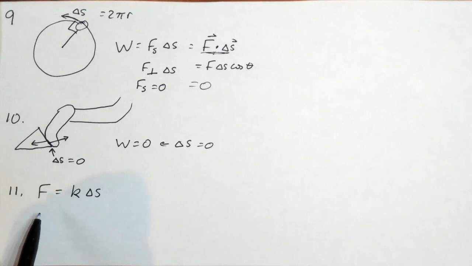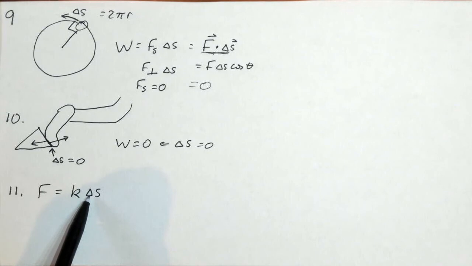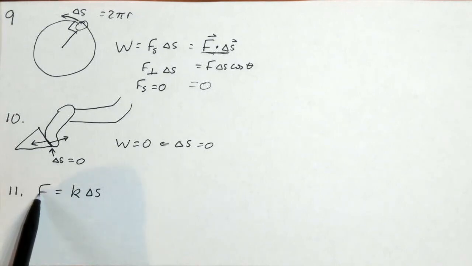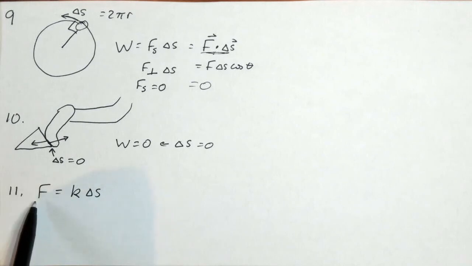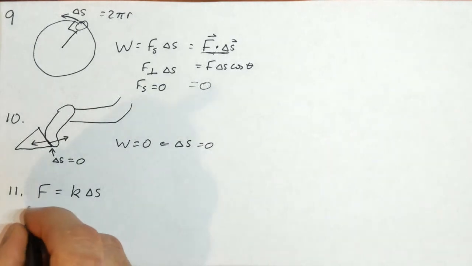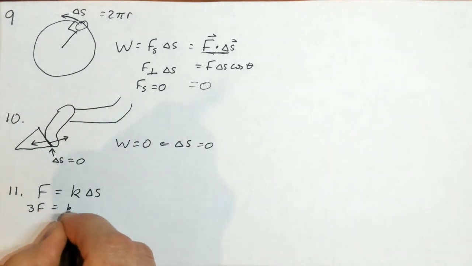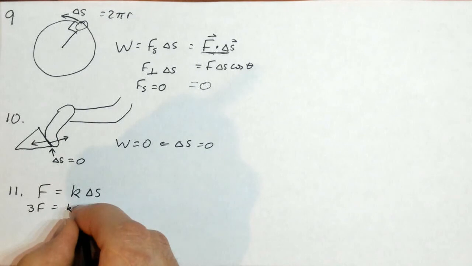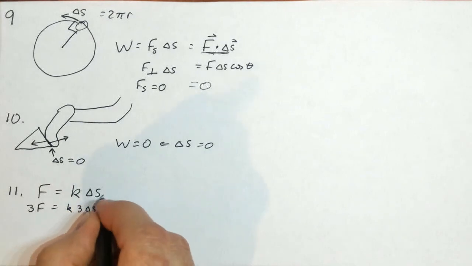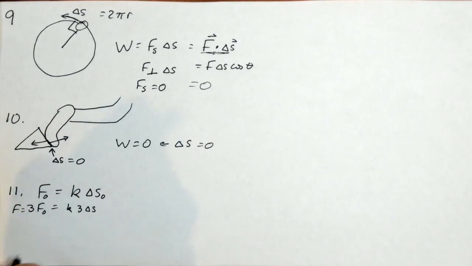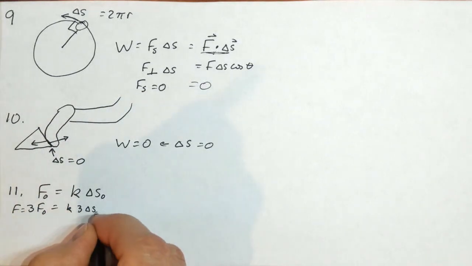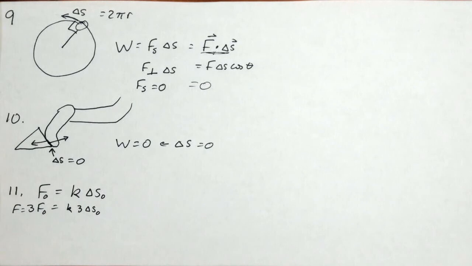So with this, the question is, if I stretch the spring 1 centimeter and I get this force F, then how much should I stretch the spring to get a force of 3F? So the answer is 3F, since K is a property of the spring, must be 3 delta S. If I call these 0, if F equals 3F0, then delta S must be 3 delta S0.